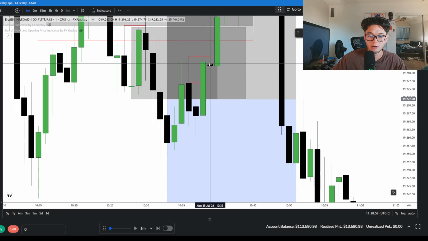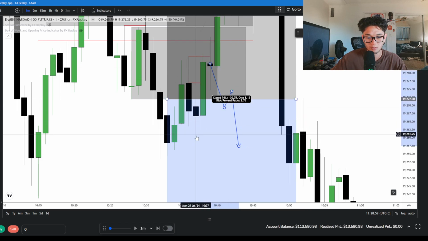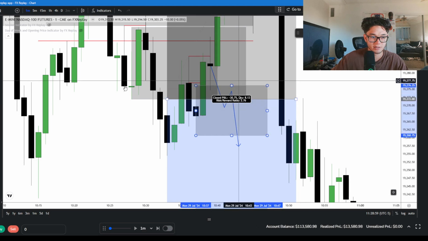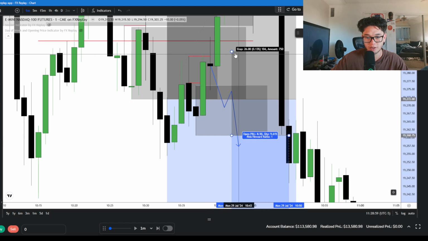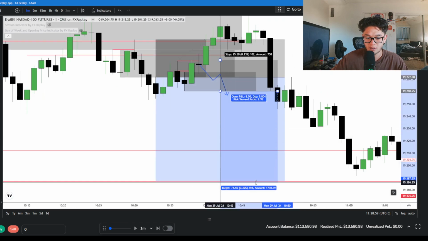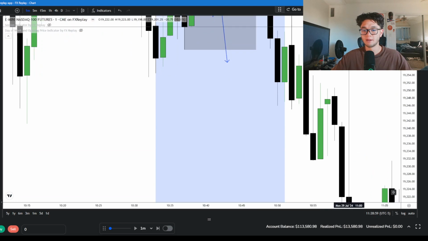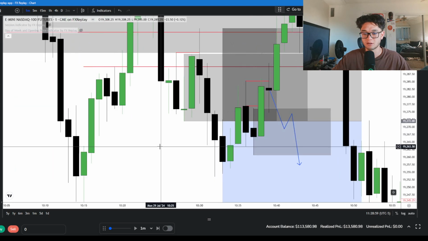Instead of going higher, we continue down and we get displacement through here. Then I can just take the trade here instead. If I need to, I can pull the trigger here, stop loss at the high, same targets, and re-enter there. That way I can avoid this loss, and I can also get back into the trade if I need to.